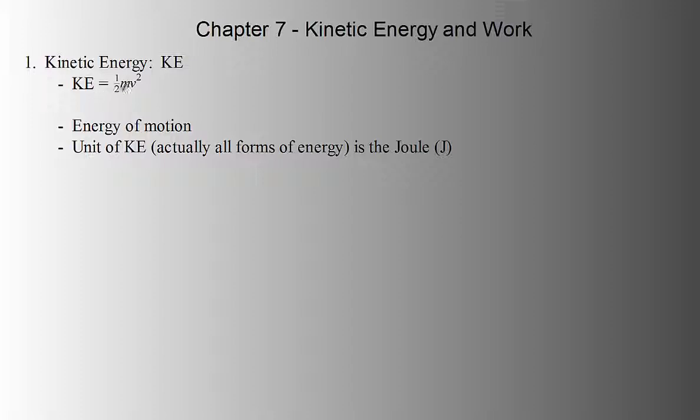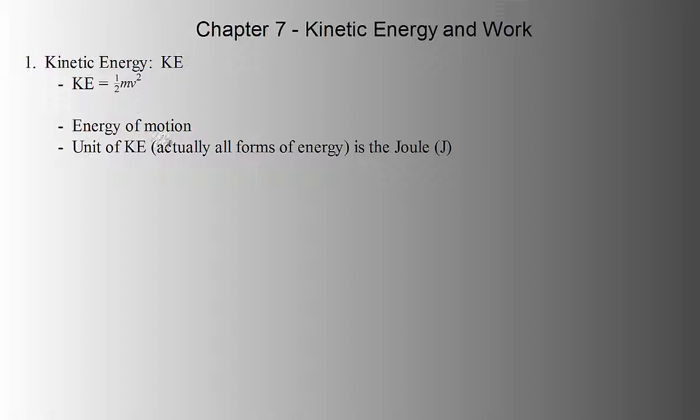While not particularly important for this chapter, it's good to keep in mind that velocity is relative, and so kinetic energy is relative in a sense. But it is the energy of motion, and it has a very interesting form. It's 1/2 times the mass of whatever object you're talking about times its velocity squared. Pretty simple.